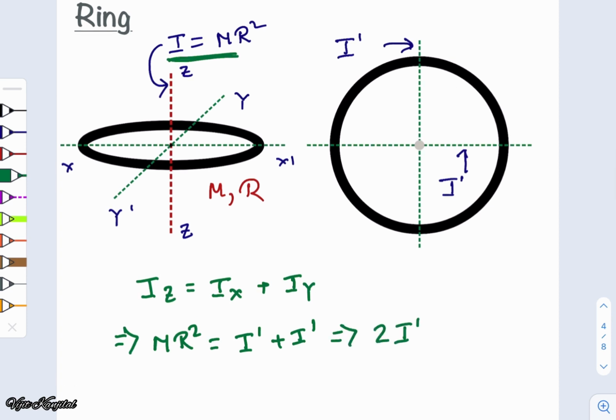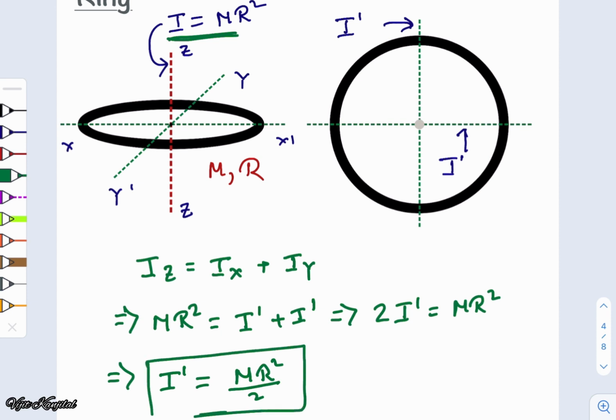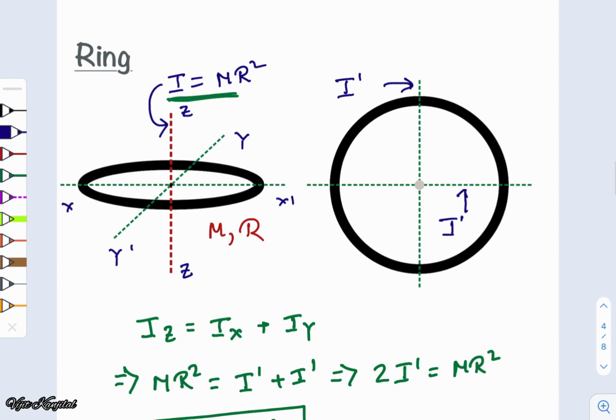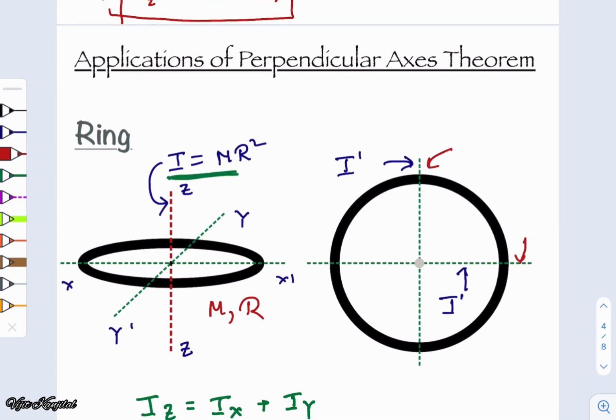Twice of I prime is equal to mr square. So what is I prime? I prime is equal to mr square by 2. So the moment of inertia of this ring with respect to this axis, or let's say this axis, is given as mr square by 2. So we have found this very easily without starting our derivation from scratch.